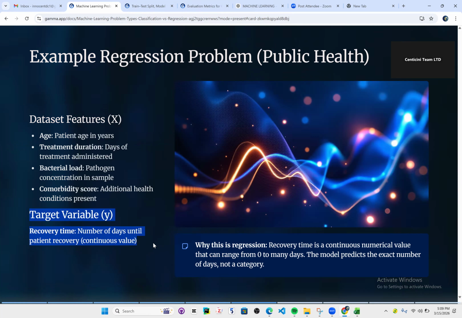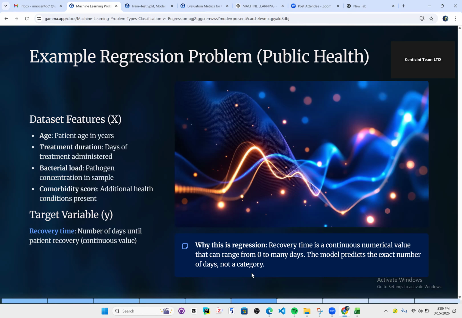If the target variable was maybe infectious presence, yes or no, then it's no longer a regression problem. It becomes a classification problem that we're trying to solve in our prediction. Why this is regression is because recovery time is a continuous numerical value. It can range from 0 to as many days as possible. So the model predicts the exact number of days, but not a category.